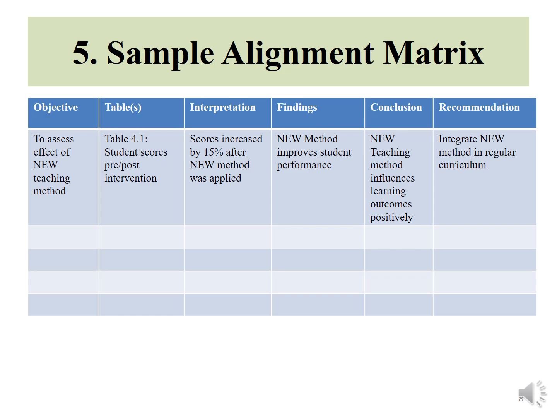New method improves students' performance, it is a finding. And conclusion: new teaching method influences learning outcomes positively. And recommendation: integrate new method in regular curriculum. So what is it? It is just the alignment. You will have all these things in detail in your research report. Here the focus is alignment only, not the write-up.